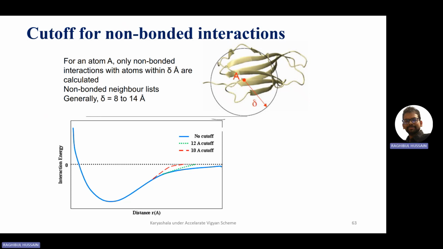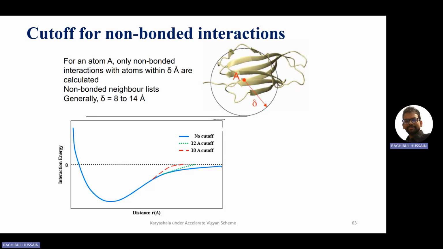But since we do the molecular dynamics simulation in a box, it has to end somewhere within the box. That's why we create a forcing function that forces that interaction to come to zero at a finite distance.